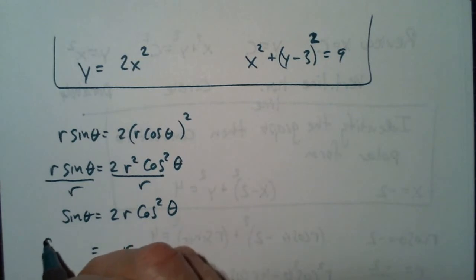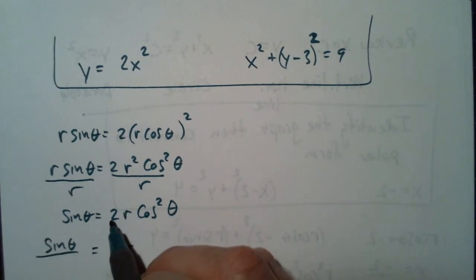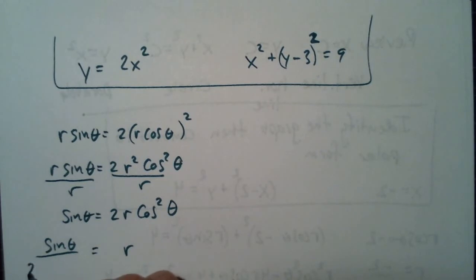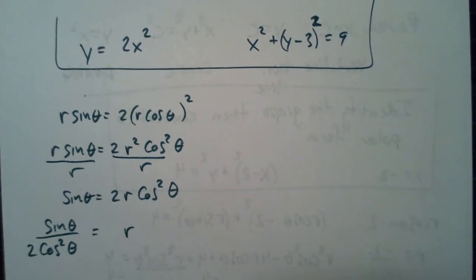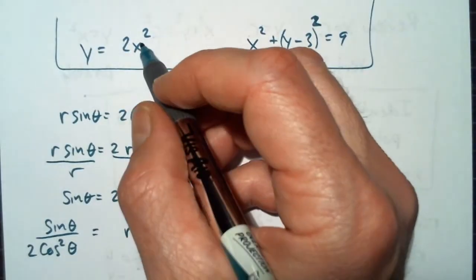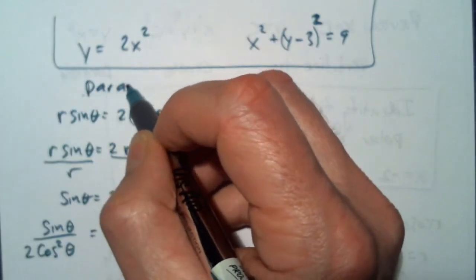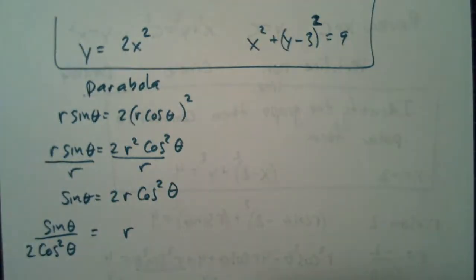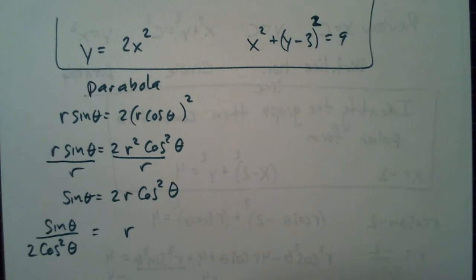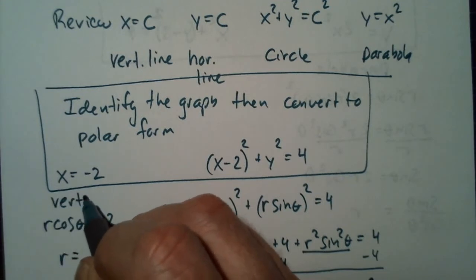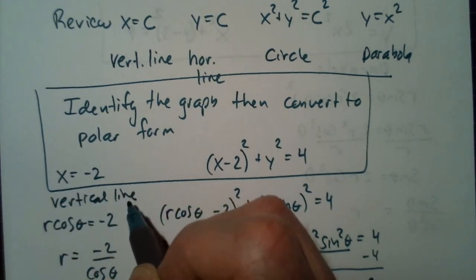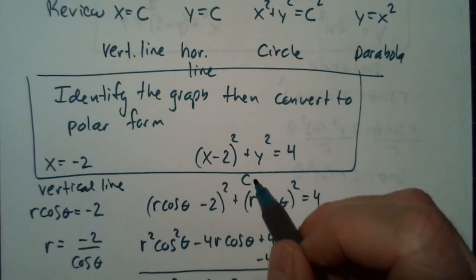And then we get r by itself, and we'll divide by 2 cosine squared. Now we have a polar equation, and I did not identify the type of equation. It did say identify the type of equation. It's a parabola. And on the previous page, we have a vertical line. And here we had a circle.